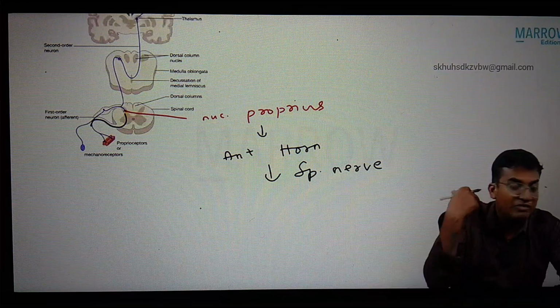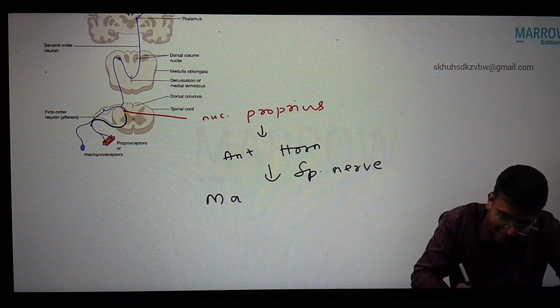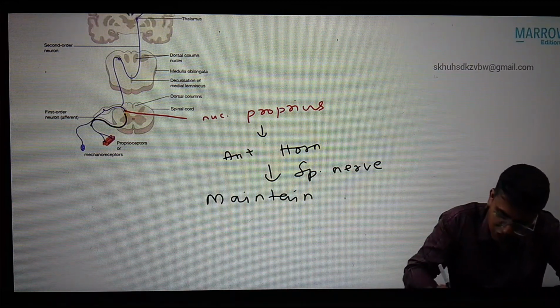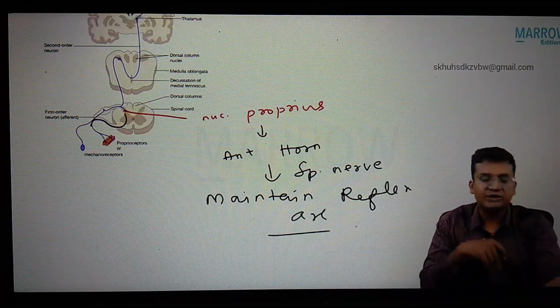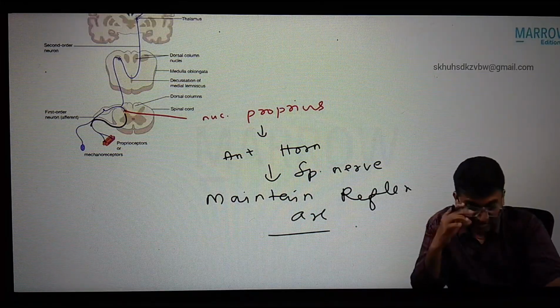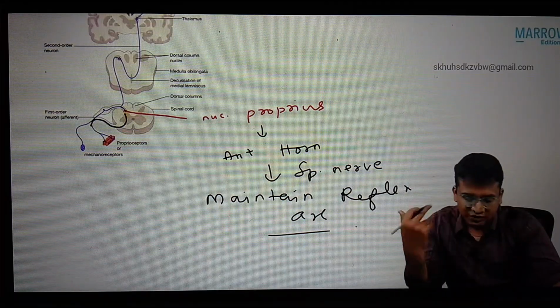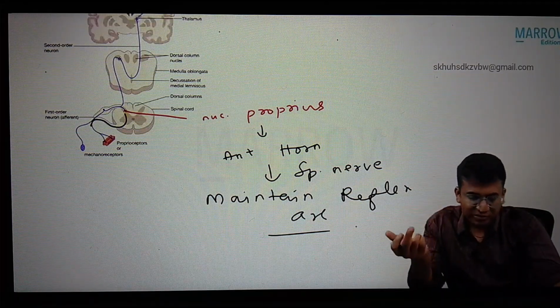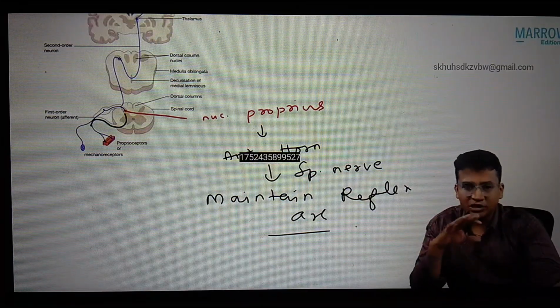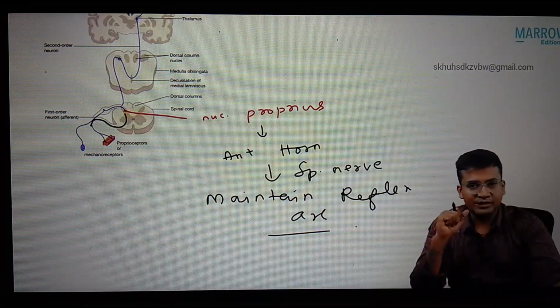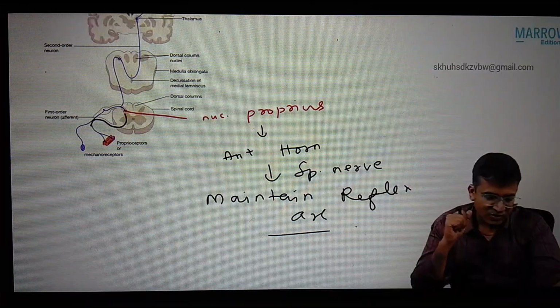Now why do we have this arrangement? To maintain the reflex arc. That is why we have this arrangement. Very few fibers come to nucleus proprius, and fibers from nucleus proprius come to the anterior horn and via the spinal nerve, to maintain the reflex arc. Right.